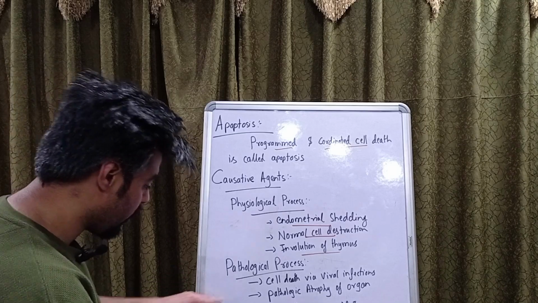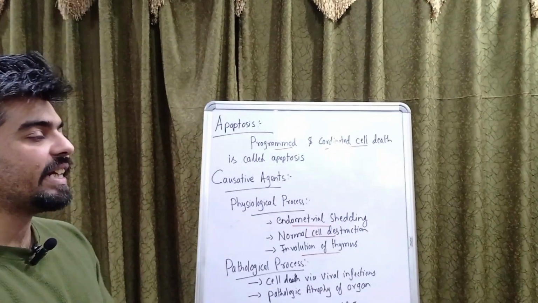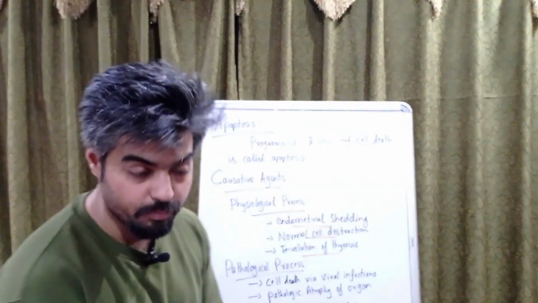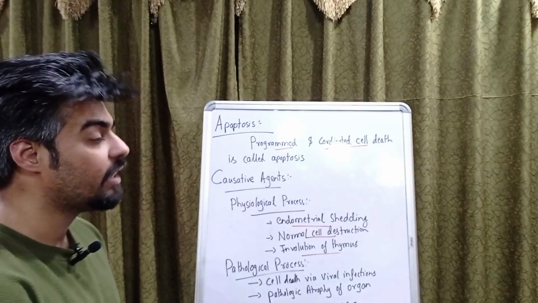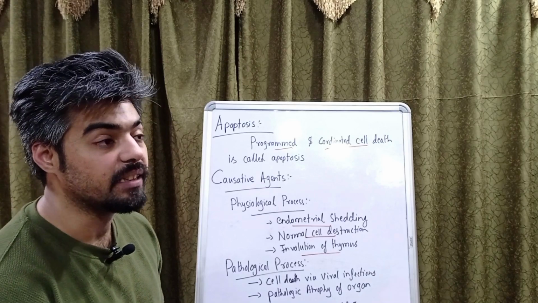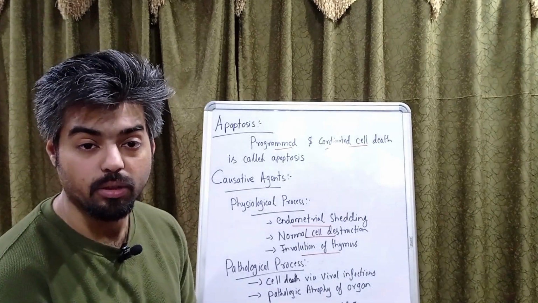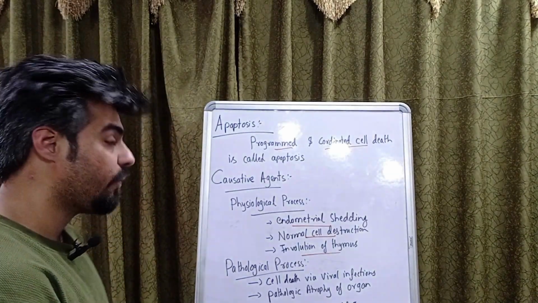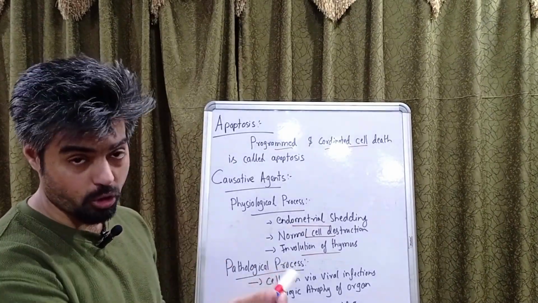Whereas in the pathological process, you can find cell death due to viral infections. In heart diseases, you will find destruction of heart cells due to acute MI, myocardial infarction. And we can find even pathological atrophy of organ.